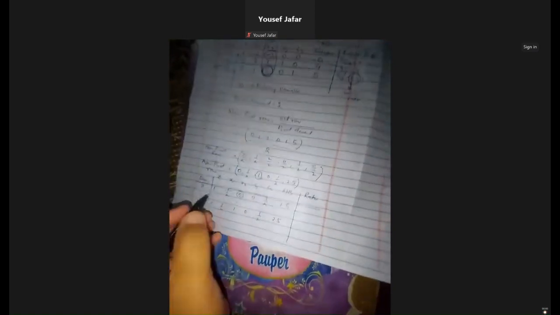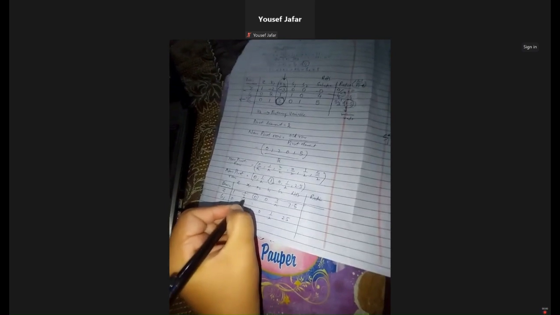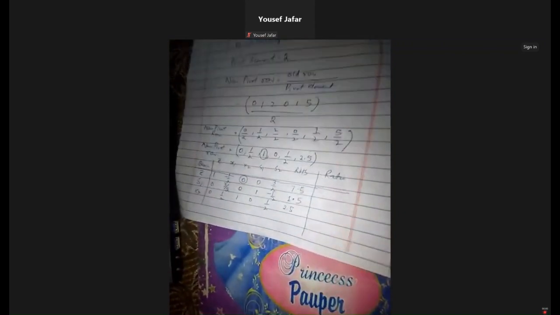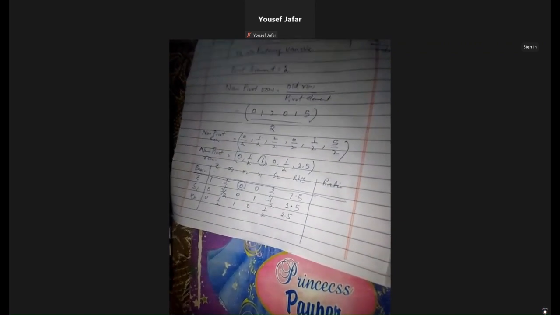We will put these values over here, and we get 0, 3 by 2, 0, 1, minus 1 over 2, and the right side here is 1.5. Now we will take over the next iteration from here.